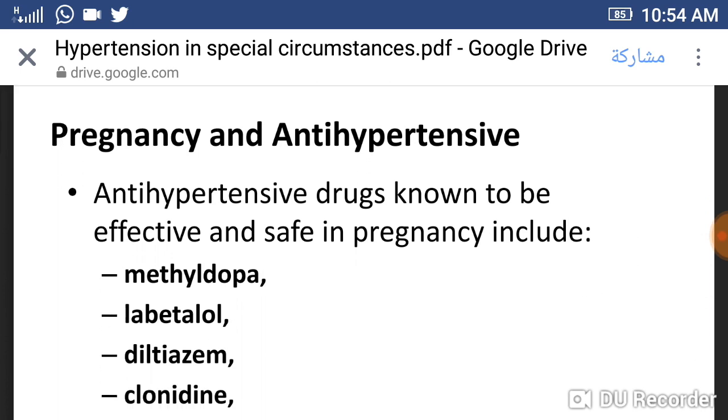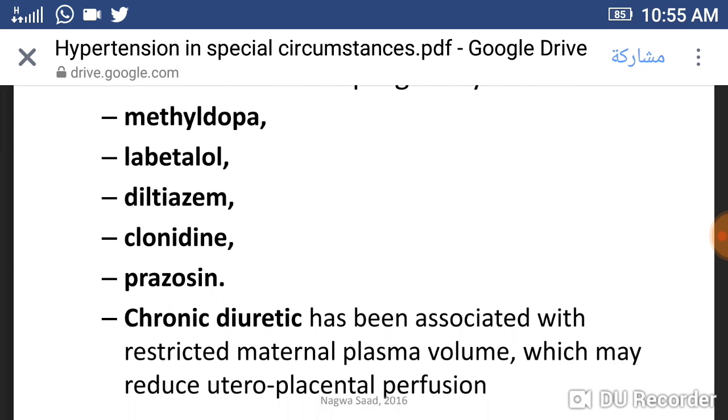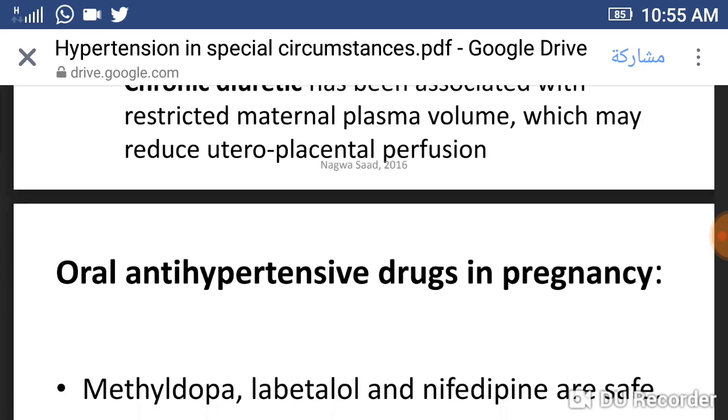Pregnancy and antihypertensives. Antihypertensive drugs known to be effective and safe in pregnancy include methyldopa, labetalol, diltiazem, clonidine, and hydralazine. Chronic diuretic use has been associated with restricted maternal plasma volume, which may reduce uteroplacental perfusion.